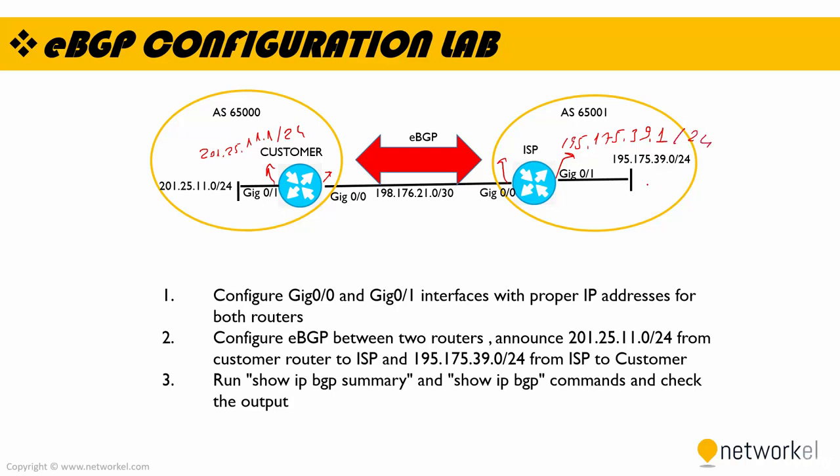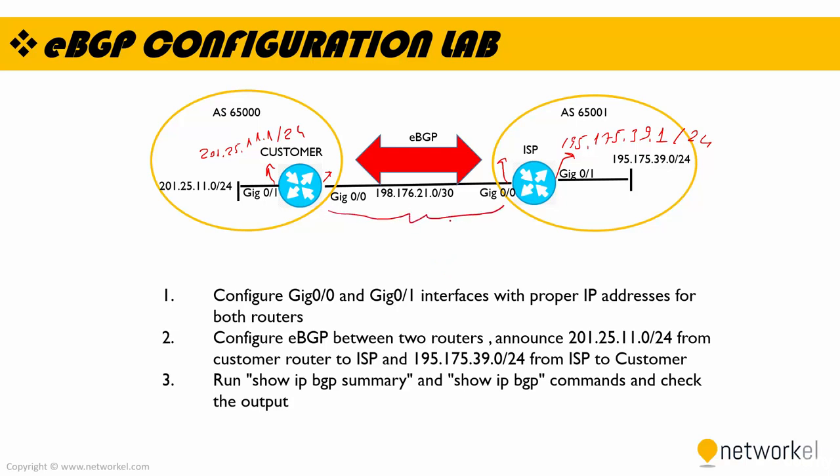I'm gonna use the first usable IP address as the gateway of these networks for the gig 0/1 interfaces of the routers. Alright, that's pretty cool. And what about here?